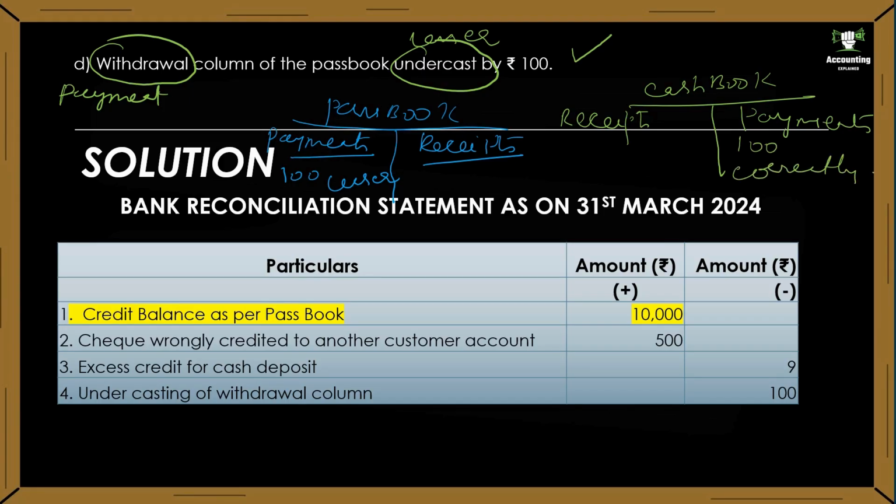Now we are going to find the cash book balance from the passbook. So if we deduct this 100 rupees, we will get the cash book balance, as we have recorded the 100 rupees correctly in the cash book. So see point 4 in the BRS: undercasting of withdrawal column, under the deduction side, rupees 100.